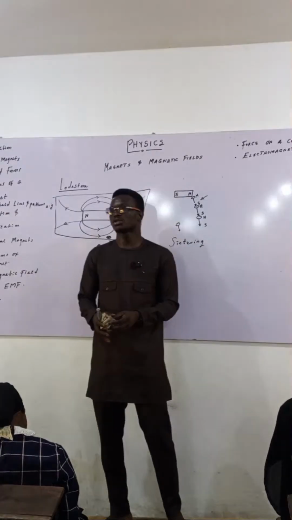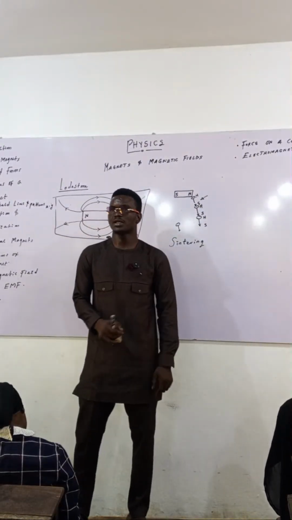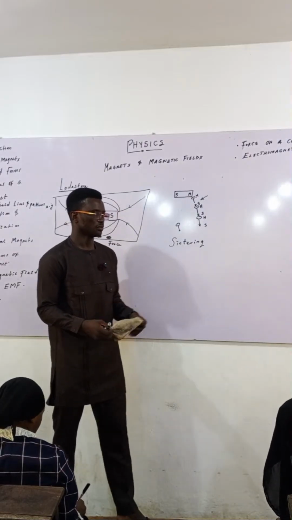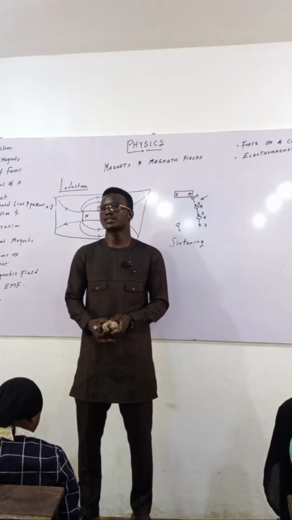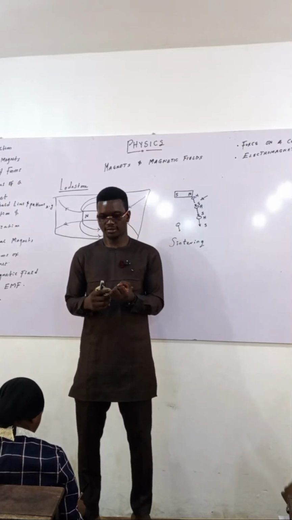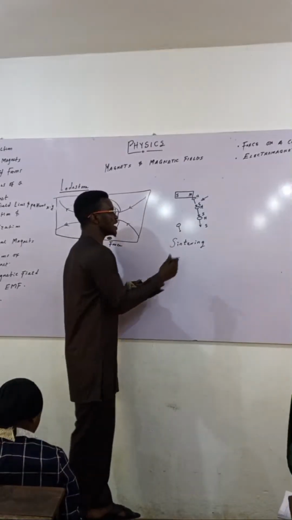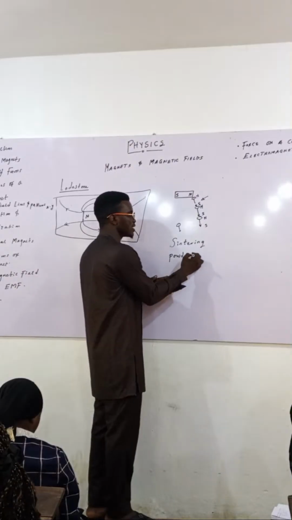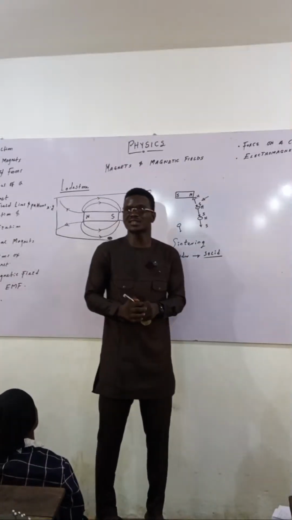That is called magnetic sintering. Are you there? So they can ask you in an exam, when you convert powdered magnets into a solid form, then we call it magnetic sintering.